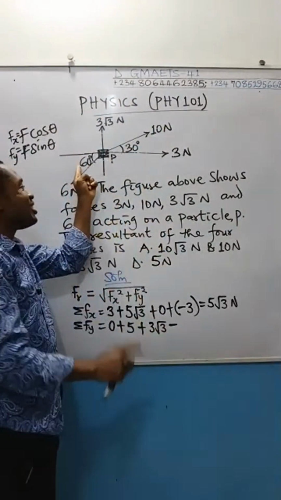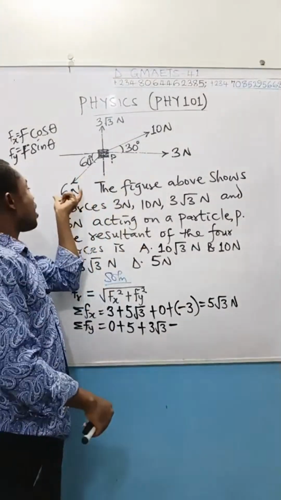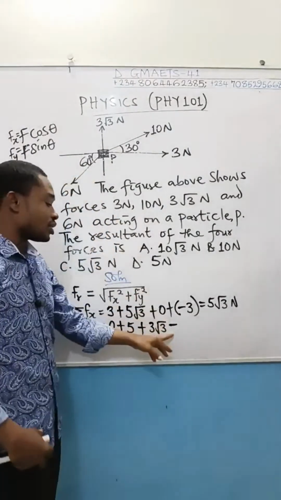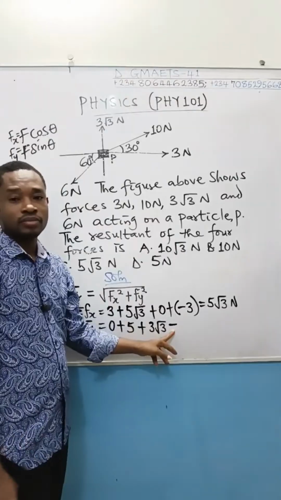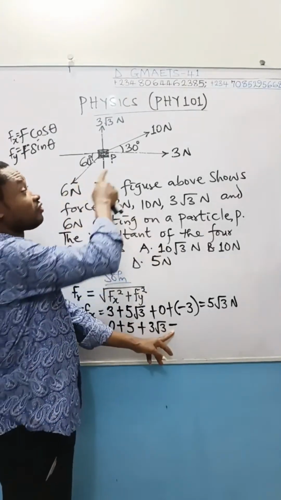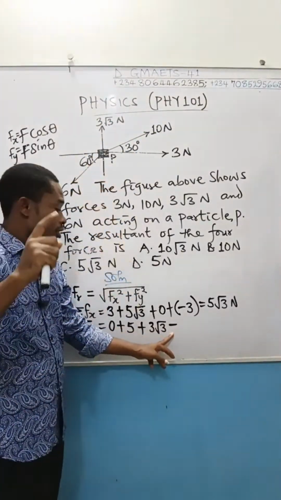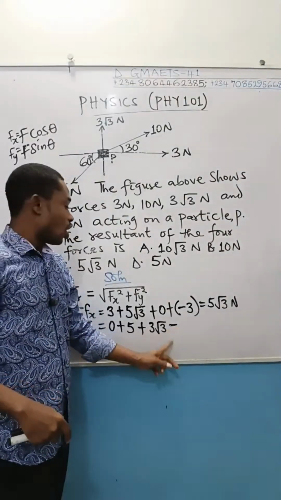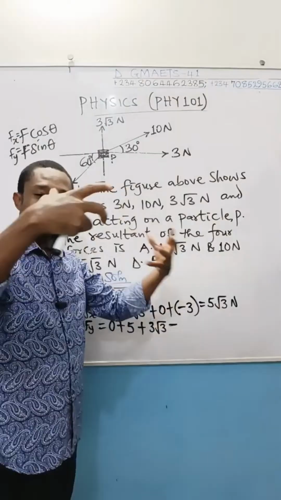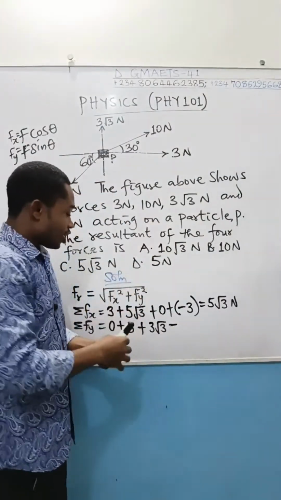You're only interested in this 60 degrees in the third quadrant. On your own, while you're evaluating 6 sine 60, remember that sine in this quadrant is minus. Like I said, if you're using the 240, which is the angle measured from positive x-axis anti-clockwise down to this line, you don't need to put this minus. All you have to do is use plus. If you evaluate sine 240, the minus will appear automatically. Anyway, let us move on, please.